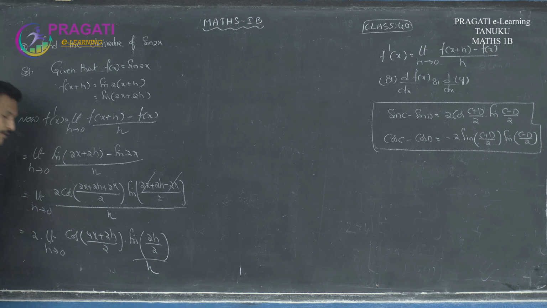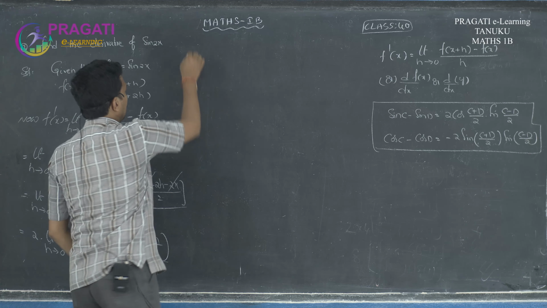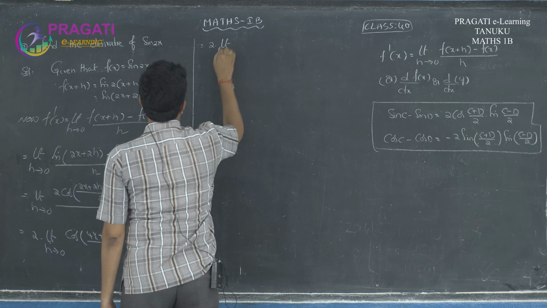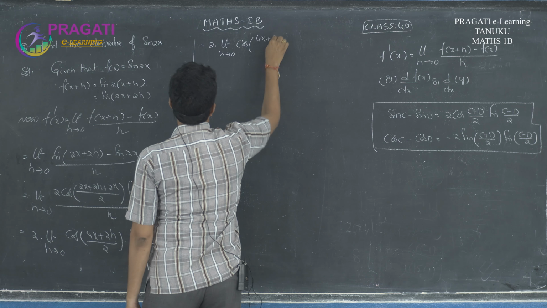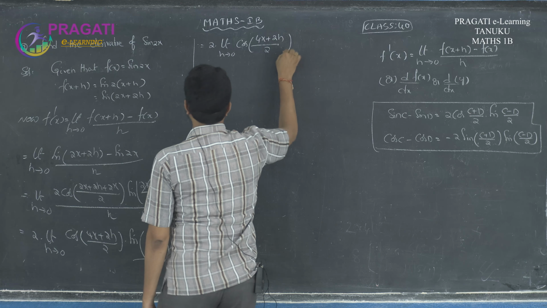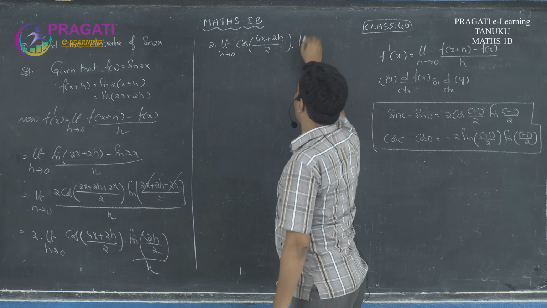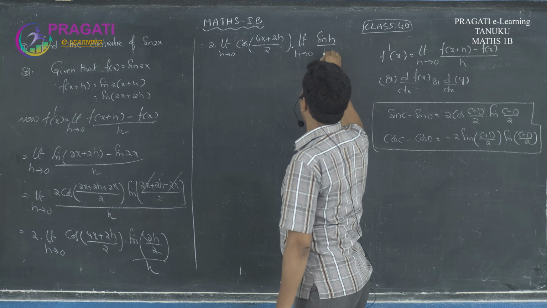The second term is converted into the form sin x by x. So 2 into limit h tends to 0 of cos of (4x plus 2h) by 2, and the 2 cancels, leaving limit h tends to 0 of sin h by h.